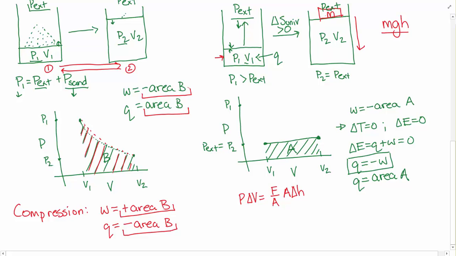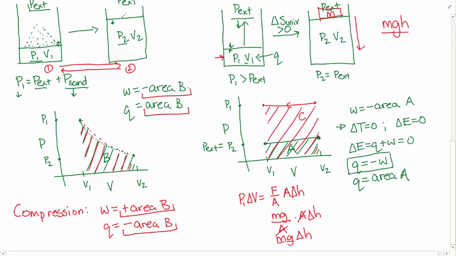In this case, for a mass, the force is equal to the mass times gravity over the area times area delta H. So we can cross off these A's and we can see that P delta V is equal to mg delta H. It happens that this is equal to P1 delta V. So it's like we're going from V2 to V1 with a constant opposing pressure. So this area here we'll call area C, and that is the work associated with the compression.